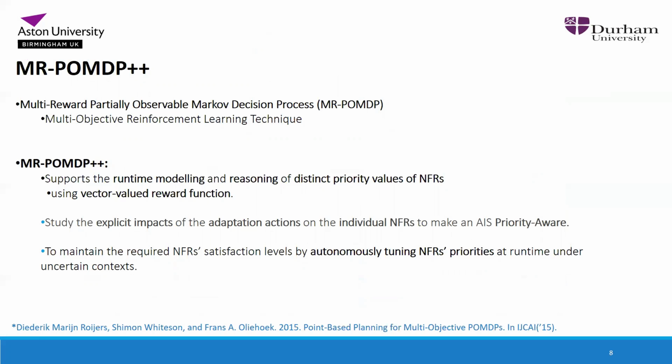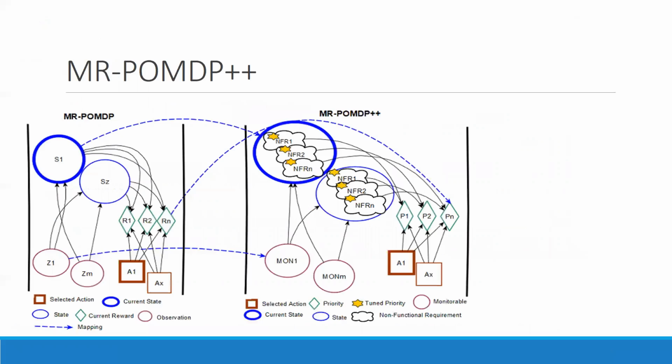As the individual priorities of non-functional requirements are modeled, it has the capability of studying the explicit impacts of the adaptation actions on the individual distinct NFRs at runtime, and therefore makes the decisions priority aware. To maintain the required non-functional requirement satisfaction levels, it also offers autonomous tuning of non-functional requirements priorities at runtime.